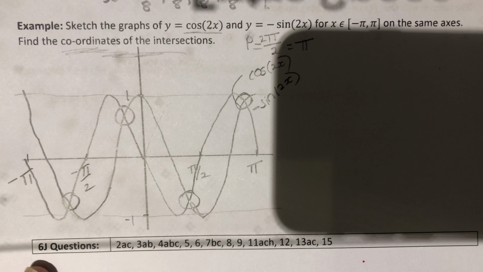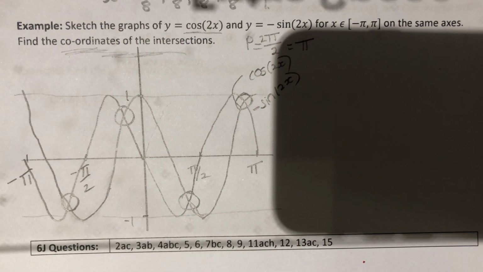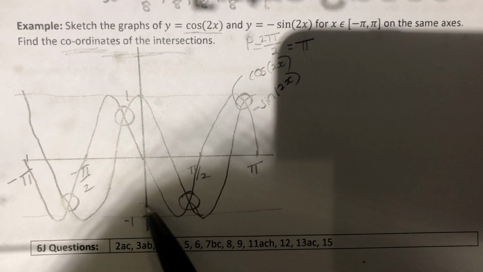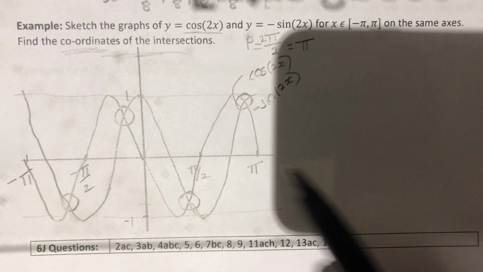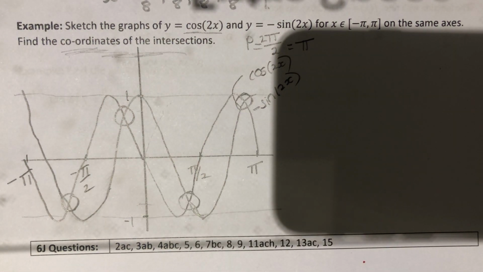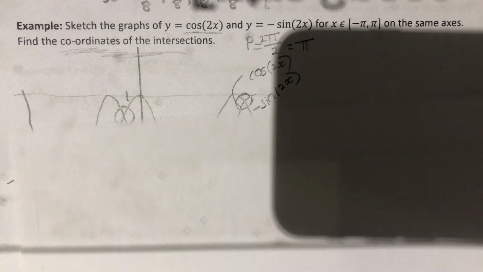Now, when we do intersections, if it was a normal linear equation, then we would make one equal the other, and that's what we need to do in this case. But as you can see here, it's not going to be something simple and straightforward that's already in our graph. So we're going to make one equation equal the other, and I'm just going to use a bigger piece of paper because I just want more space.